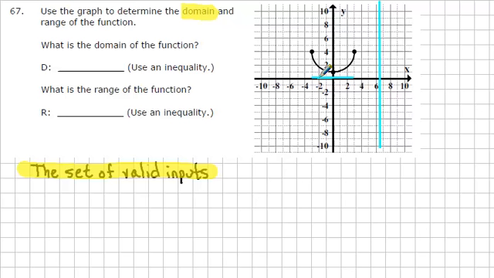Well, we want the numbers that are between -3 and 3 and also including -3 and 3. So I'll indicate a solid point at the end. We do want to include -3 and 3 because the vertical line actually intersected the graph at those points.